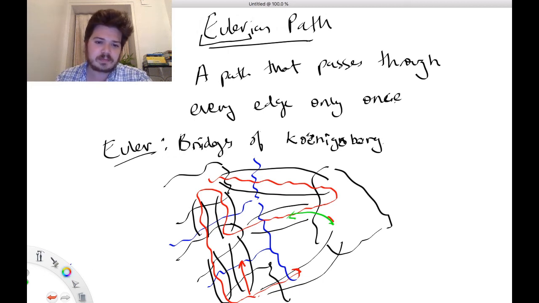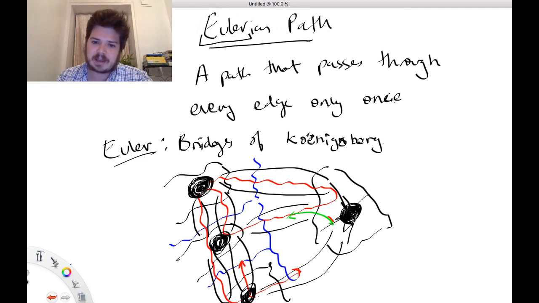So what he did was, thought, well, it doesn't really matter where these lands are, so really you can contract everything to a point. And the size of the bridges didn't matter, so all the bridges can be just lines, essentially, right? It doesn't matter how big they are. So this really developed what graph theory was.